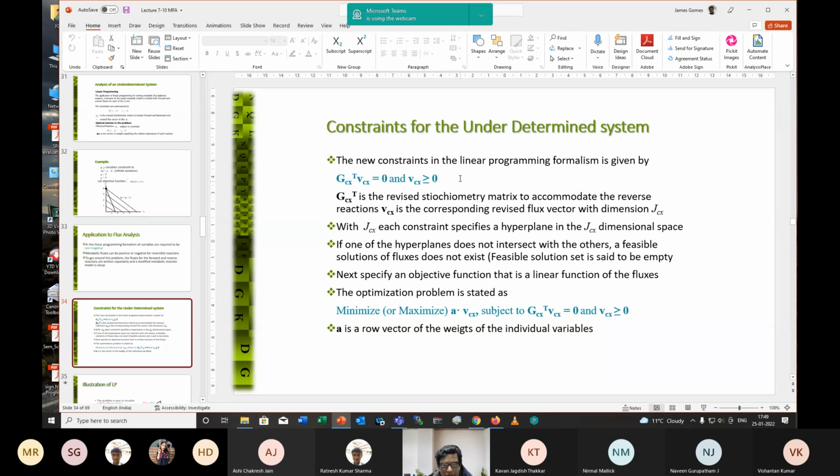In addition to this constraint, the problem is then stated as maximize or minimize some component, subject to these two constraints, and this is the row vector of weights. You have to realize that you could have a vector of weights depending on which of the components of the flux vector you wanted to actually maximize.